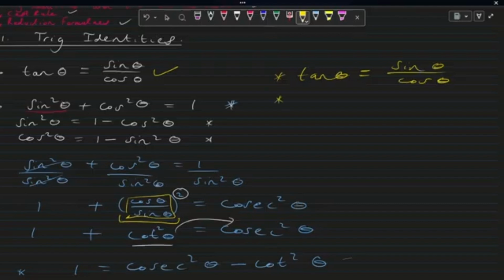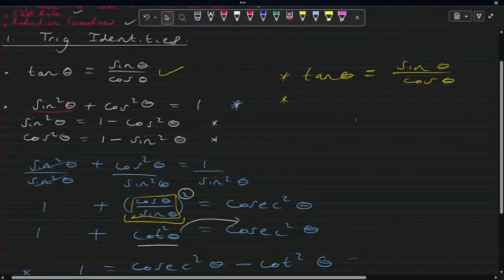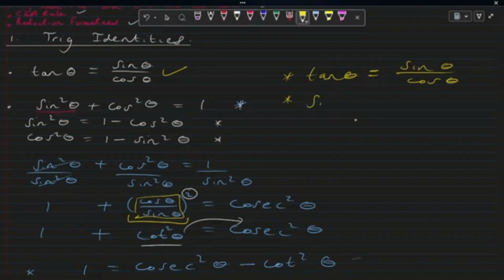And then the all-important trig identity is the square one. Let's say sine squared theta plus cos squared theta. This guy is equal to 1.